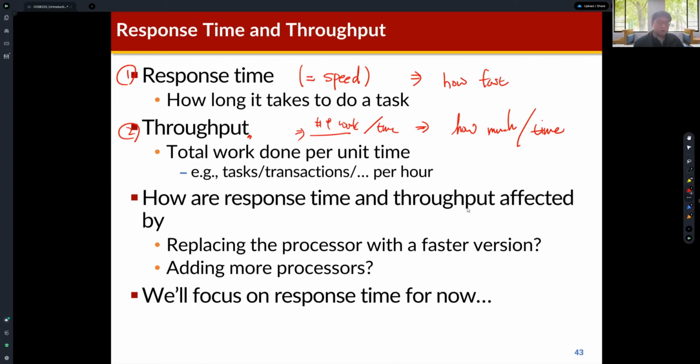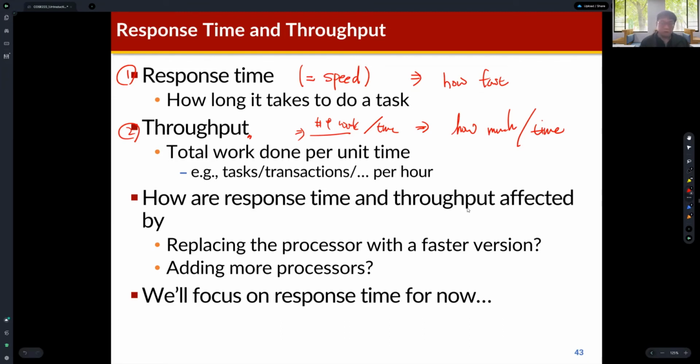Also, we can measure throughput, so that if we want to know how much work can be done during a unit time, then we can measure throughput. You need to remember these two performance metrics.